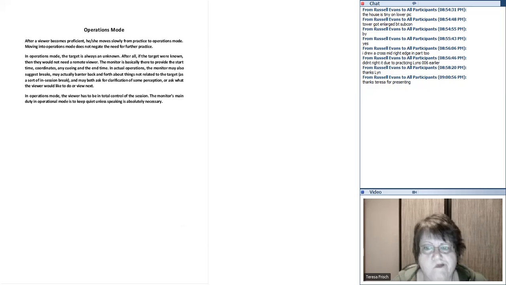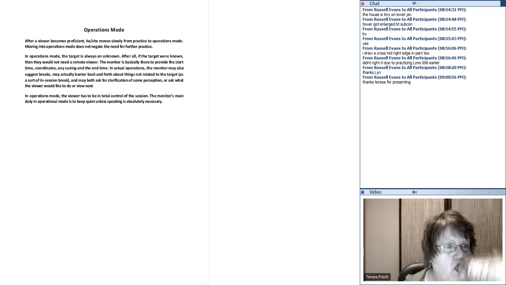So anything, feel free, anything you want to throw in there. Well, in operations mode, quite often the monitor knows what the target is, but the monitor has to be well trained enough to not lead the viewer ever. The monitor has to know that even though he knows what the target is, he doesn't know what the unknown is.